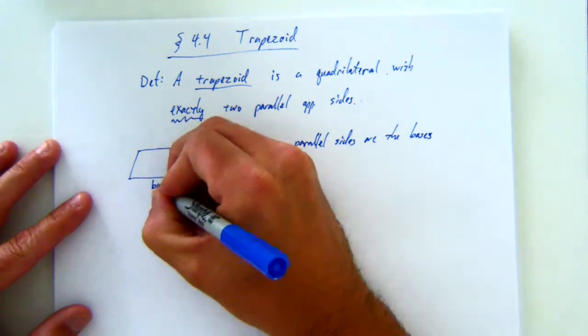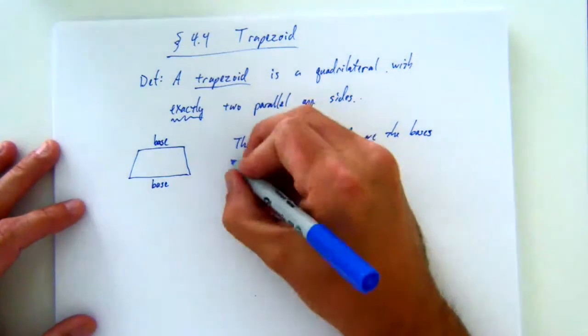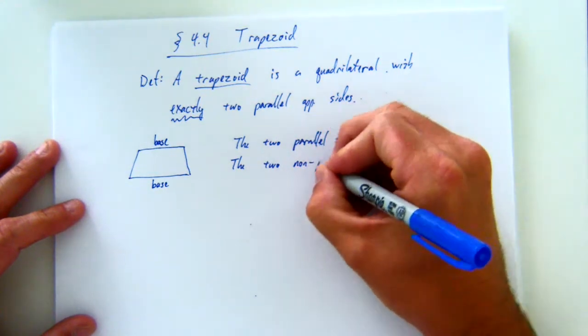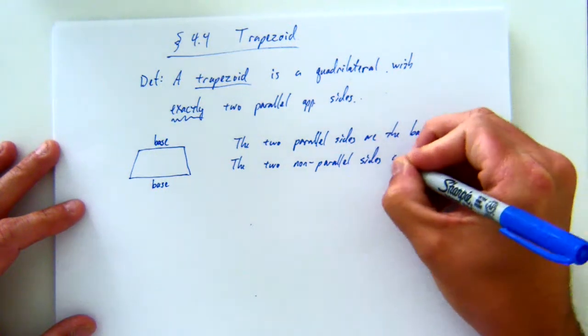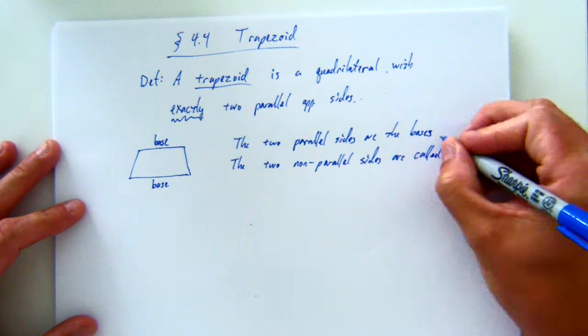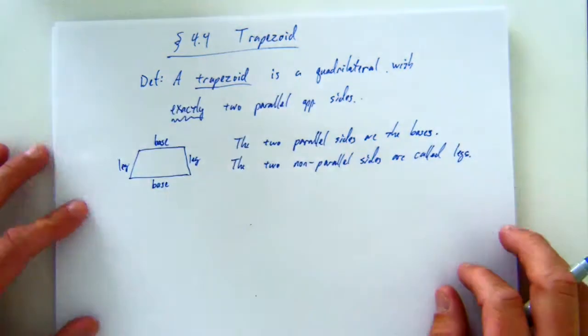So this is a base and this is a base. The 2 non-parallel sides are called legs. So this is a leg and this is a leg.